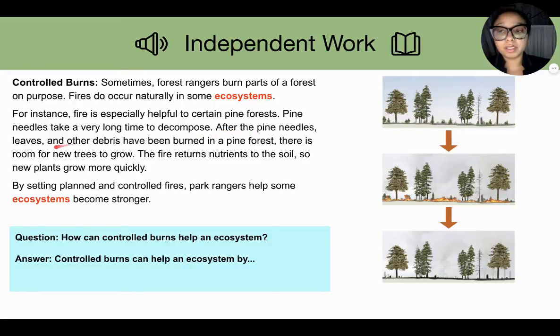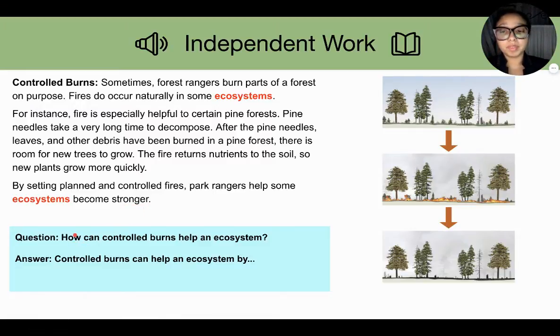After the pine needles, leaves, and other debris have been burned in a pine forest, there is room for new trees to grow. The fire returns nutrients to the soil so new plants can grow more quickly. By setting planned and controlled fires, park rangers help some ecosystems become stronger.